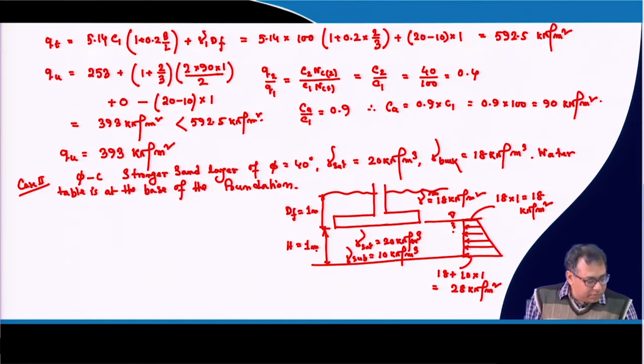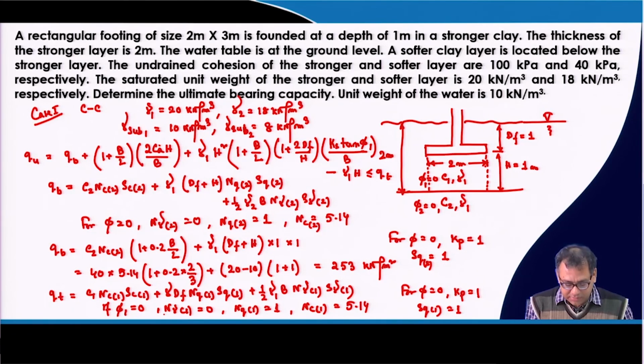Now I will calculate the gamma B, that is QB. It will change slightly, because previously the water table was at the ground surface and now the water table is at the base of the foundation. In my previous example, you can see QB is basically this equation.